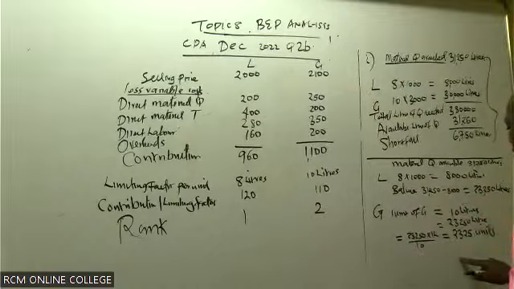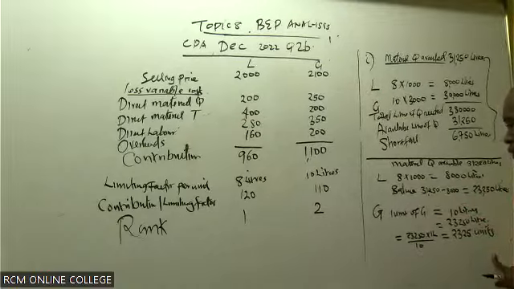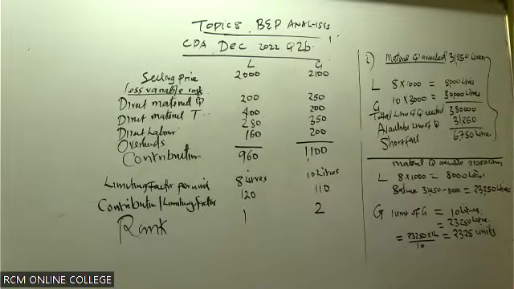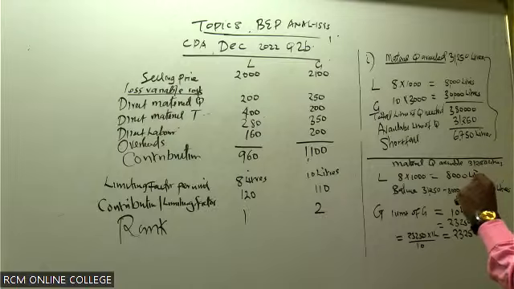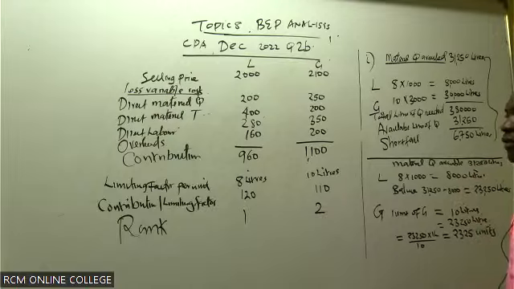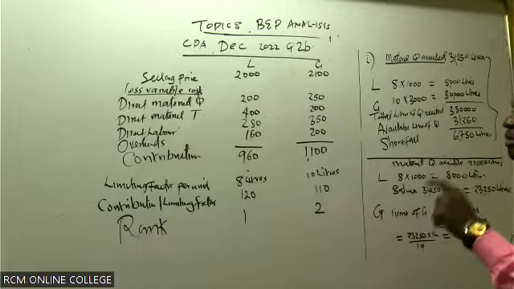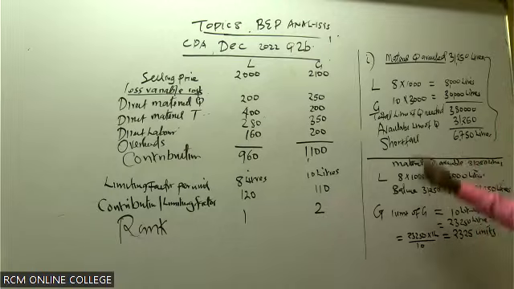How many units will they not be able to produce? Because they can only produce 2,325, but the total demand was 3,000.